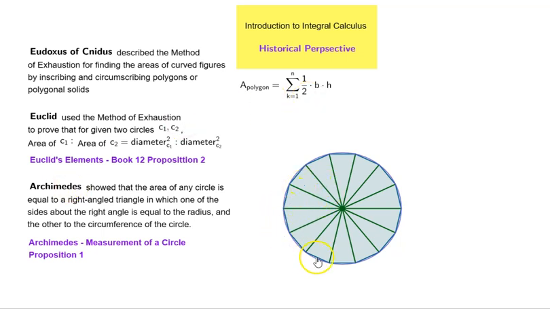Now, to really make it a better and better approximation, what do we do? We keep increasing the number of sides of the polygon. So we end up with the area of the circle as the limit, n going to infinity, of the summation k equal to 1 to n of 1 by 2 times base into height.